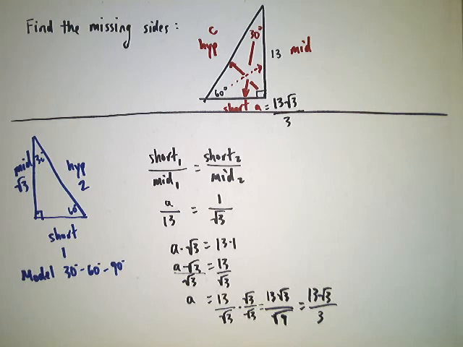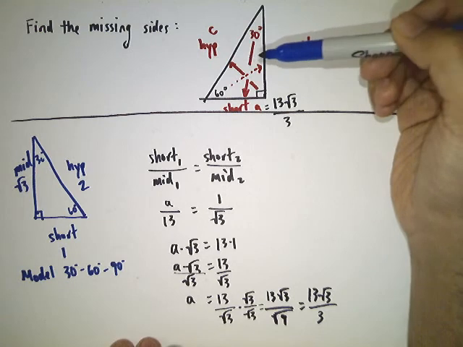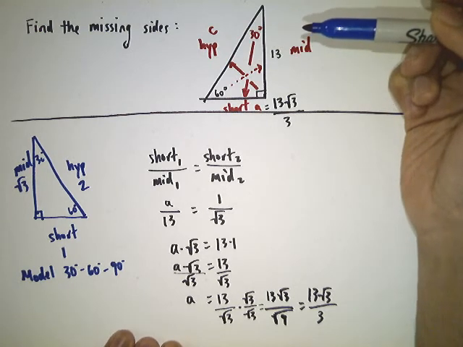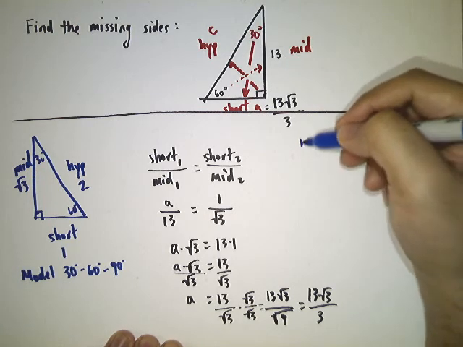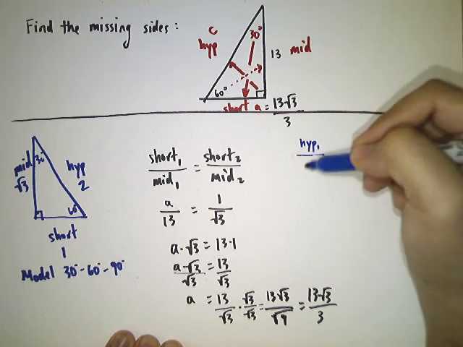Okay, and let's figure out the last bit. The last missing side that we don't know, that's the hypotenuse. It's the hypotenuse C. So again, we're going to use one side we don't know, one side we do know. So let's say C is the hypotenuse, so we'll say hyp 1 divided by mid 1.